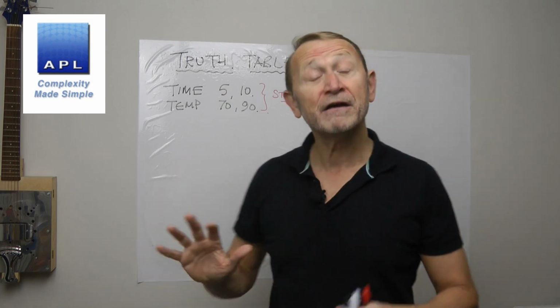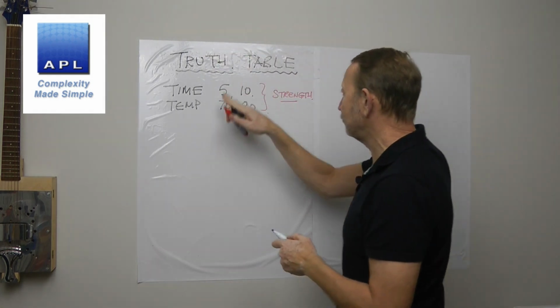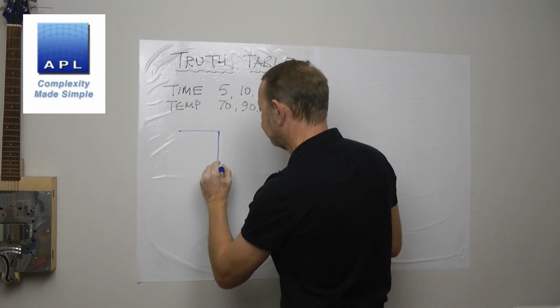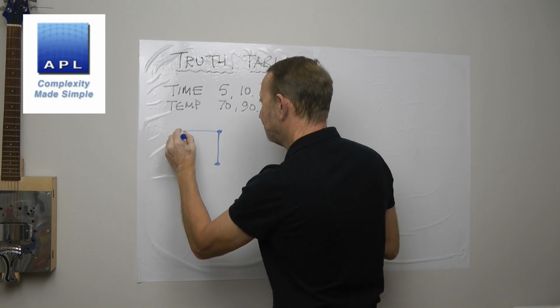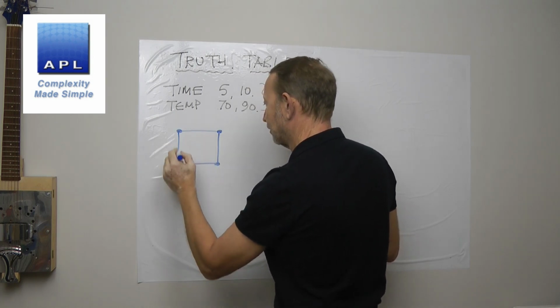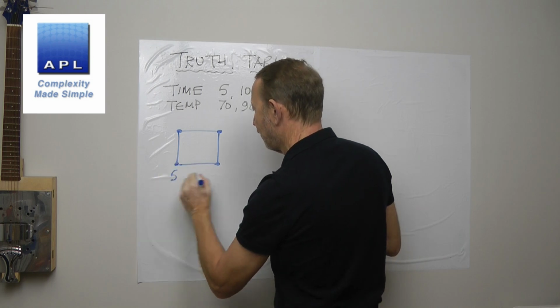This area here is known as your design space, because in theory, what we've just defined, if we draw it as a box, is potentially 4 test points. So we could go 5 to 10 on the time.